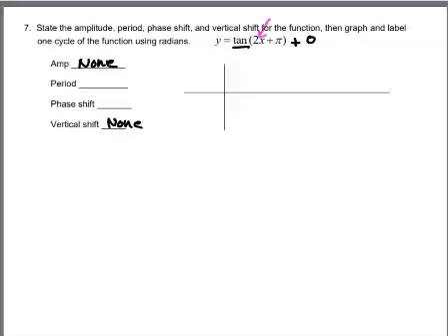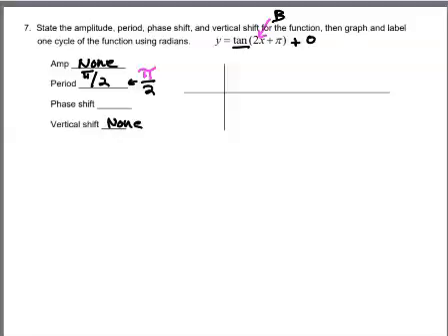Here, we take a typical period for tan, which is pi, and we divide it by b. Well, our b is 2, so the period is pi over 2. A typical tan period would be pi, but it's always the typical period over b.